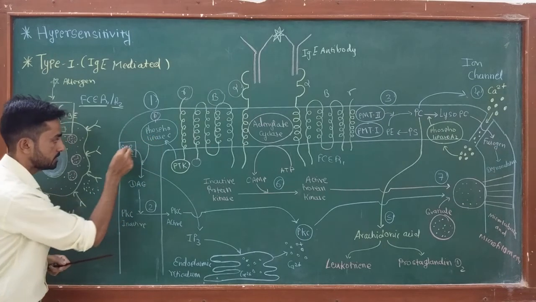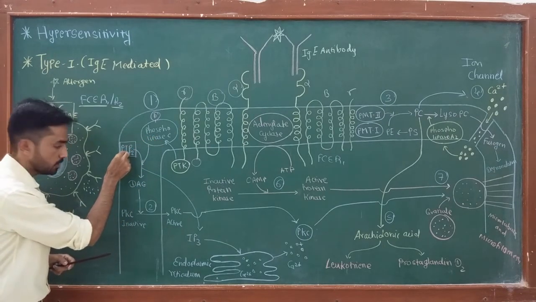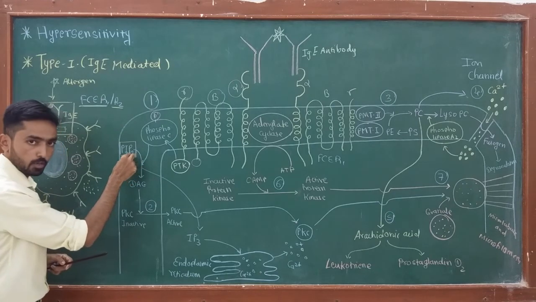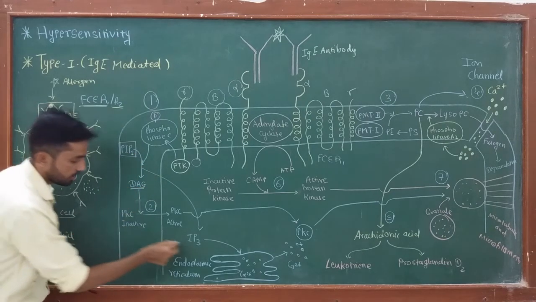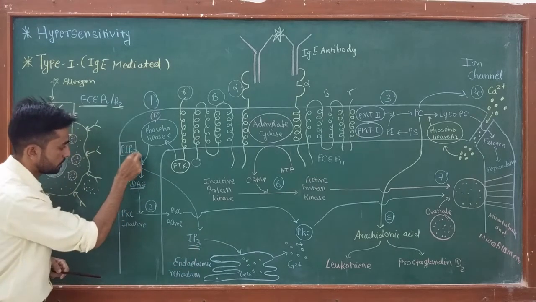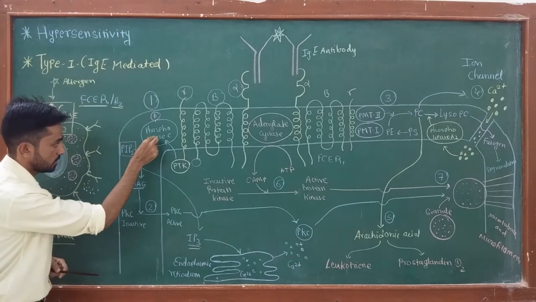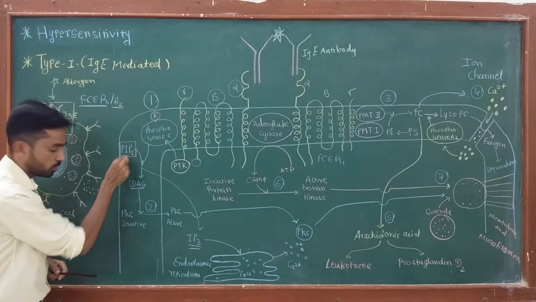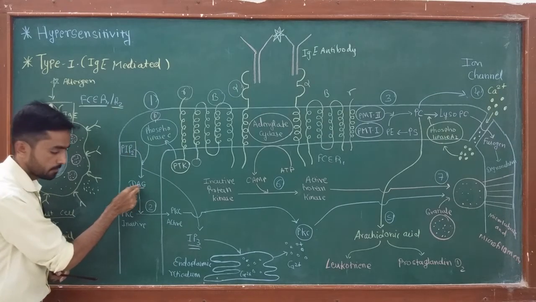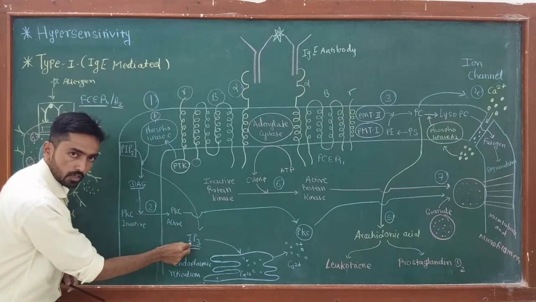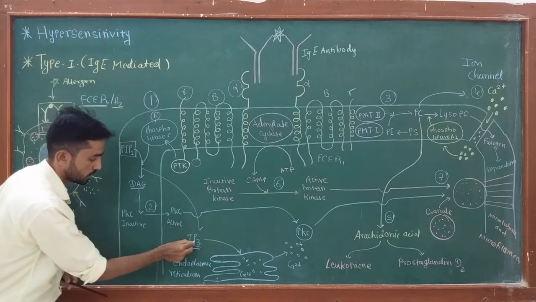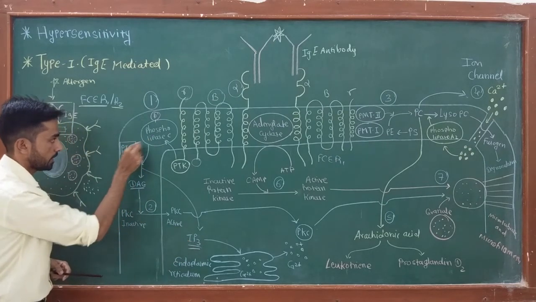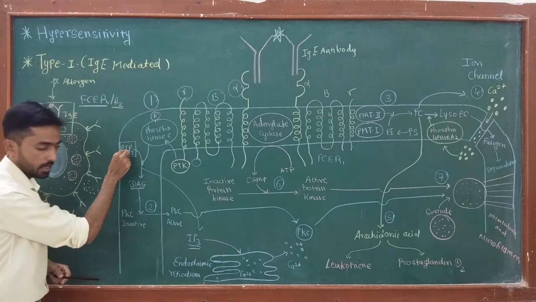Once this phospholipase C acts on the PIP2, it is going to break down PIP2 into DAG and IP3. Here I have shown you that the products of the reaction of phospholipase C and PIP2 are diacyl glycerol and inositol 1,4,5 triphosphate. So these two products are produced due to action of phospholipase C on PIP2.